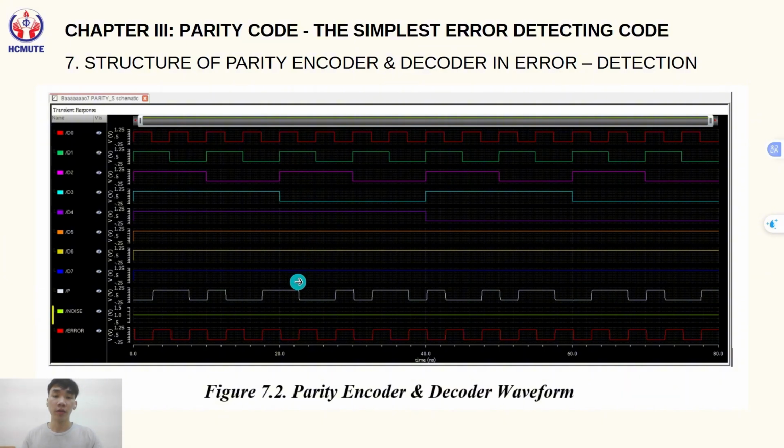So the parity bit equals 0. But with the D0 noise equal to 1, XORing the 9 bits results in an odd total. So the error output equals 1. It indicates detection of a 1-bit error. At other time intervals, similarly, they demonstrate the full parity behavior, showing how a single-bit error is detected during transmission or storage.